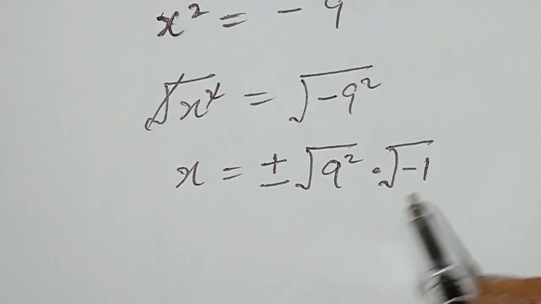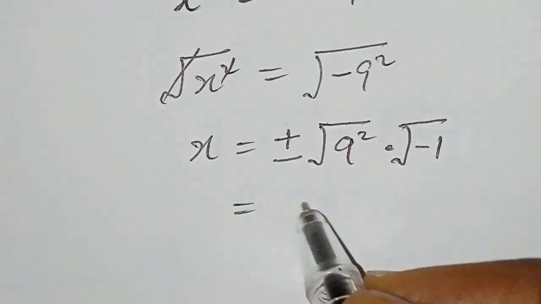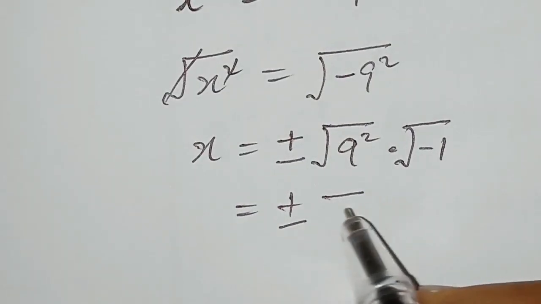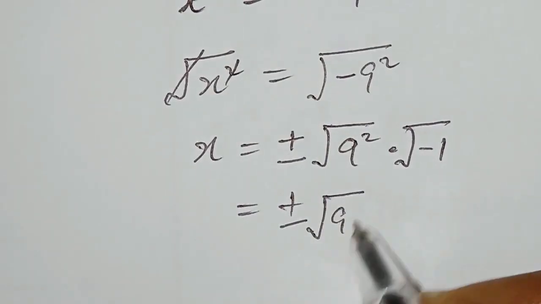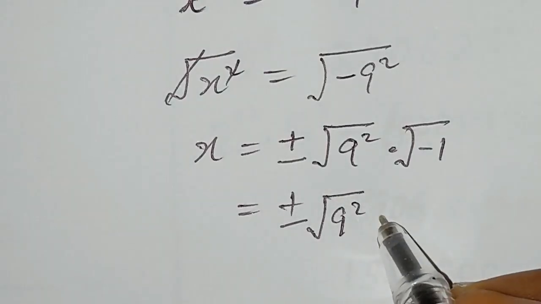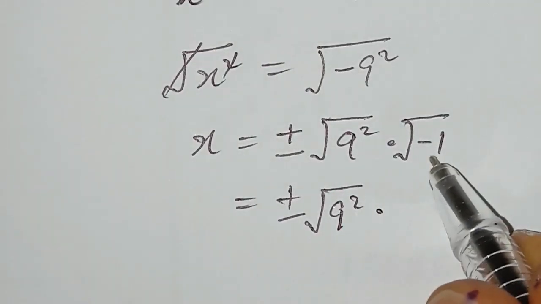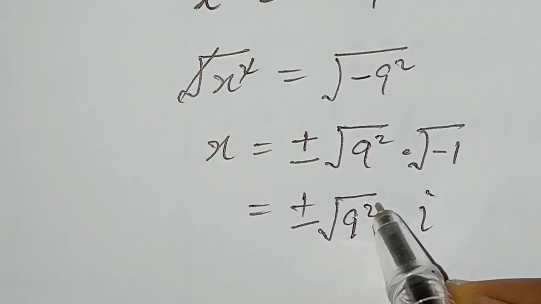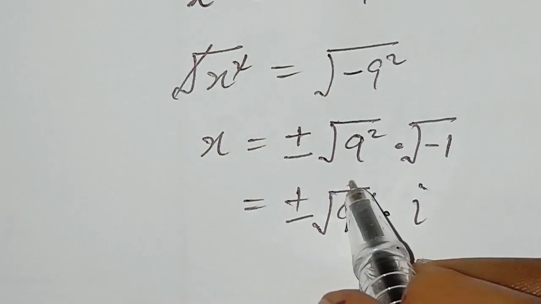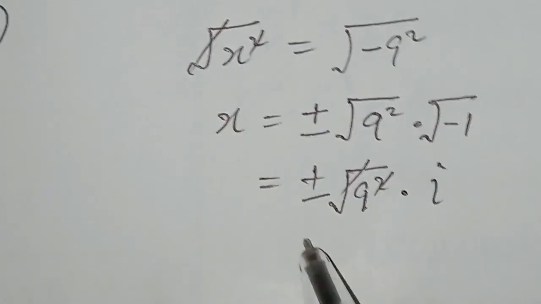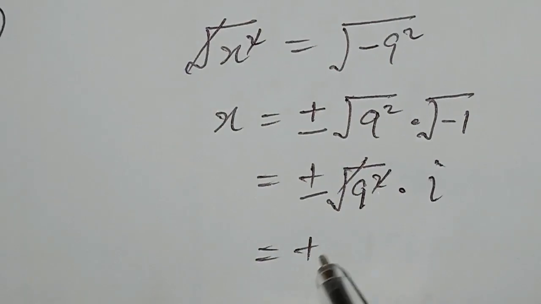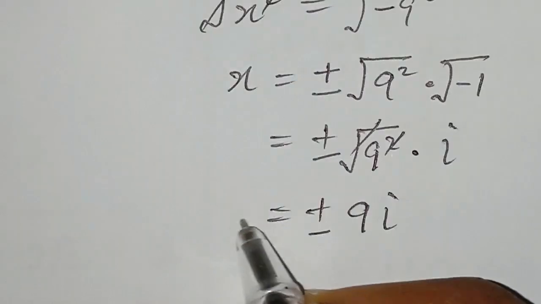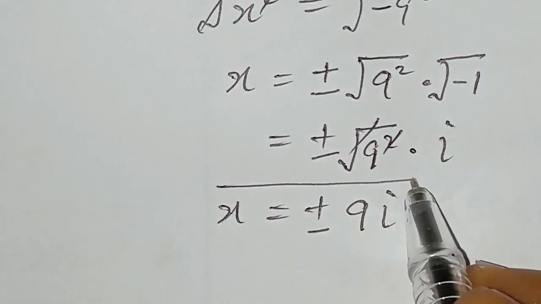Okay, and here we have plus or minus the square root of 9 squared multiplied by the square root of minus 1, which will give us i. So now this square cancels out with this square root, and that will give us plus or minus 9i, which will be our value of x.